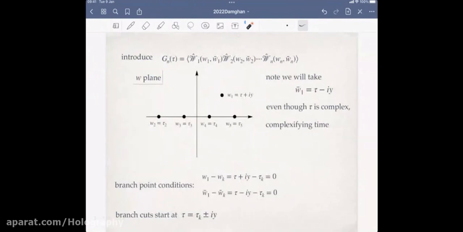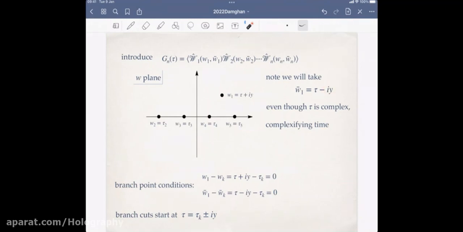So here it goes. We'll introduce our n-point function with n boundary fields. We'll put n minus 1 of them on the real axis in the w plane. And we'll take the first one and we'll put it out here somewhere. And we'll actually take W1 bar. We're going to break the rules of complex conjugation a little bit. We'll keep the complexified tau component not complex conjugated and just complexify or take the conjugate of the y coordinate.